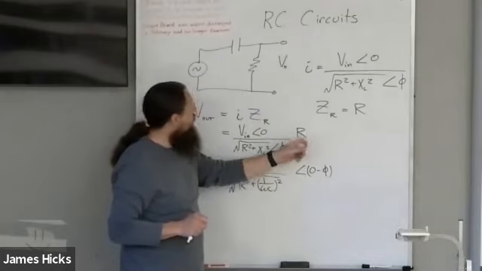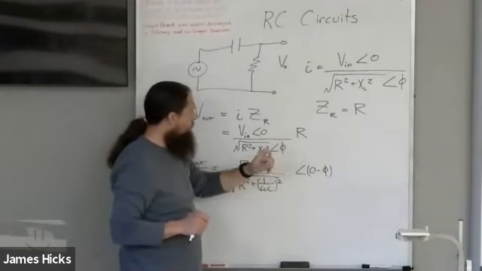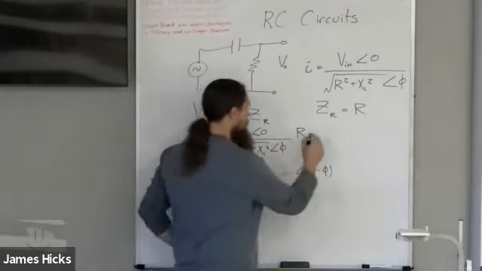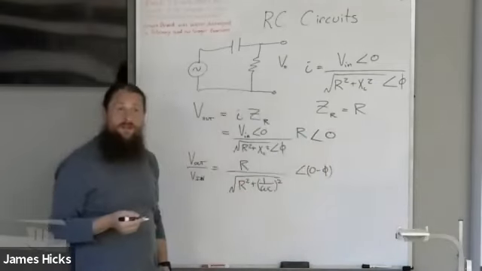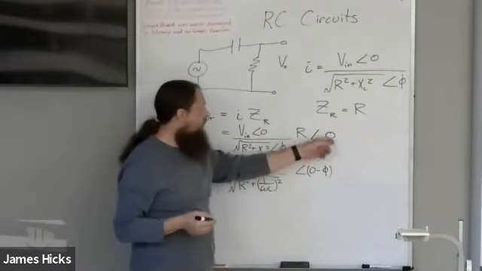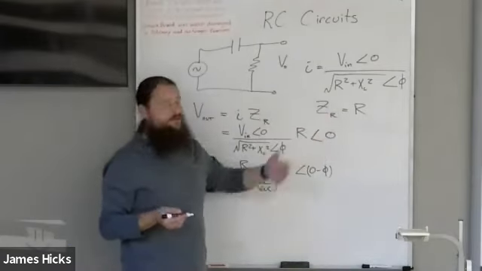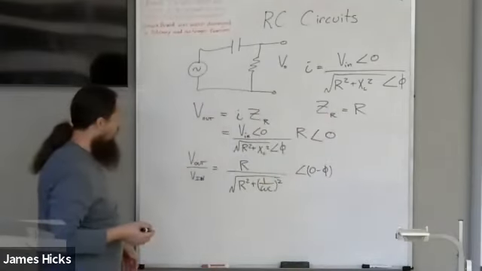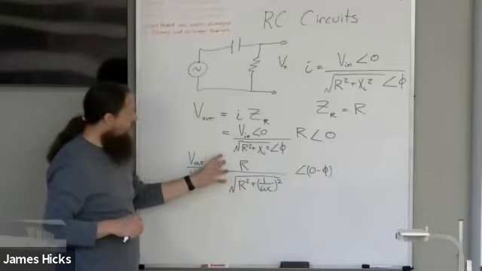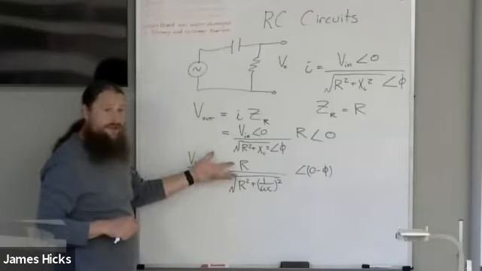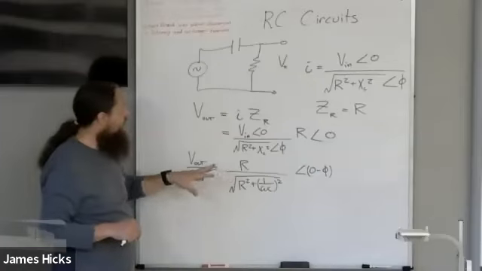The resistor, you want to do its complex impedance. It's R and the angle is 0. But what we have here is almost the complete opposite of what we had for the low pass filter.